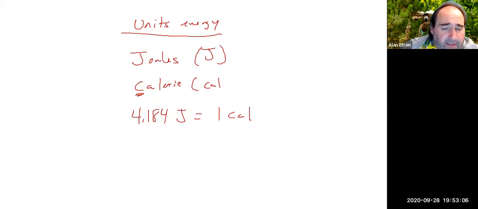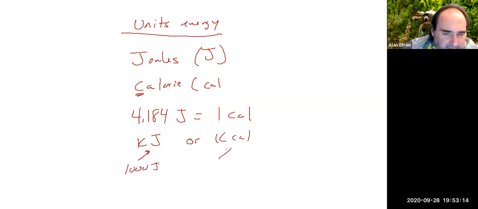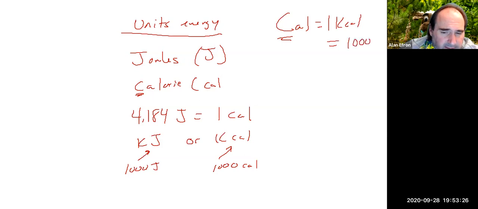And also kilojoules and kilocalories, which is 1,000 joules, or 1,000 of the little calories. There's also nutritional calories, which is a capital C here, and that is equal to 1 kilocalorie, which is equal to 1,000 of the little calories. And a capital C is sometimes, again, a nutritional calorie.